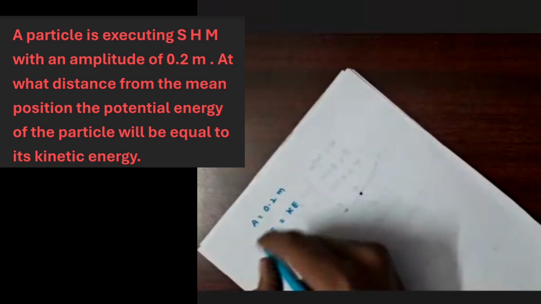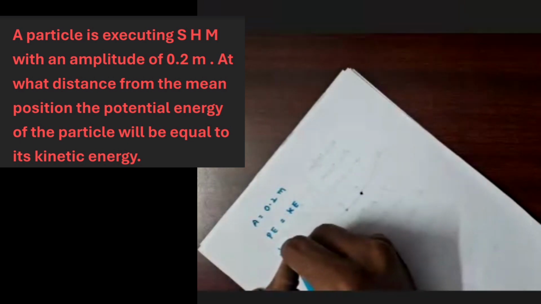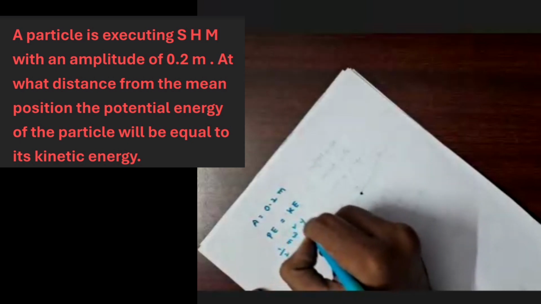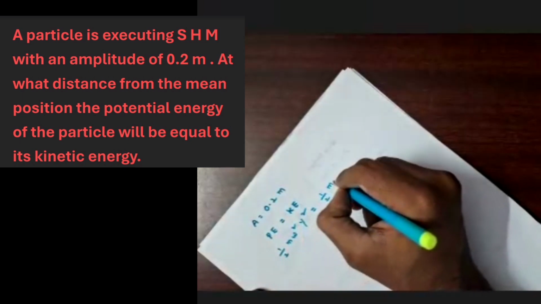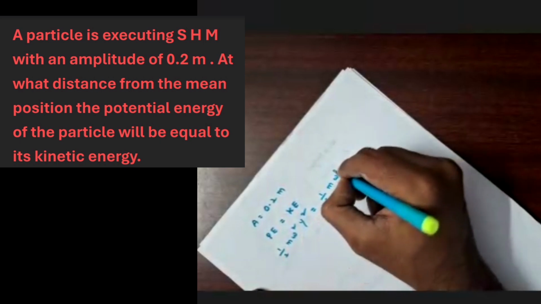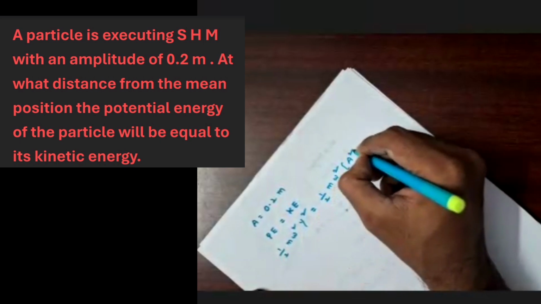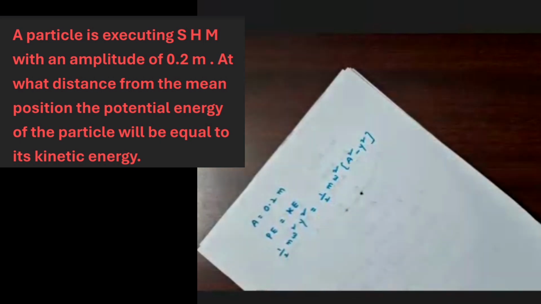Very simple. As you know well, potential energy is half m omega square y square, and kinetic energy is half m omega square into a square minus y square. This is the kinetic energy formula, and this is the potential energy formula at y distance. At y distance both the energies are equal.